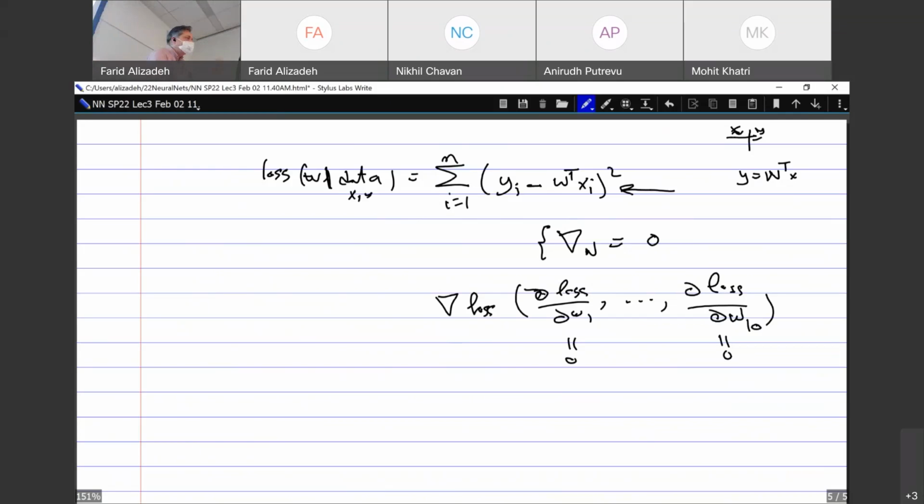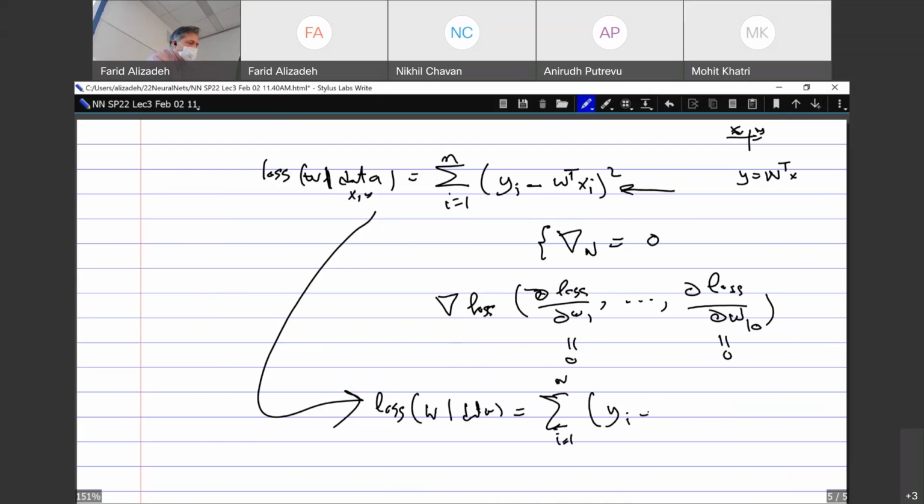But now, when we go to neural networks, we use exactly the same formula. Our loss in a neural network, W given data, is essentially the same as for regression. I'm not talking about classification, I'm talking about the simpler case, the regression. Sum from 1 through n of y_i minus, but now this is not our model.